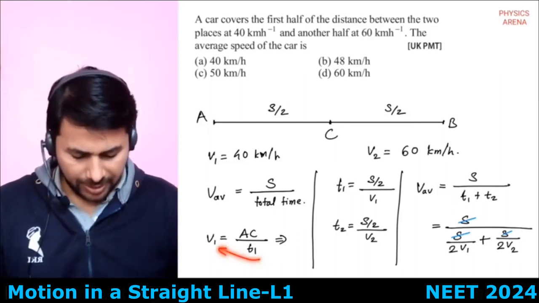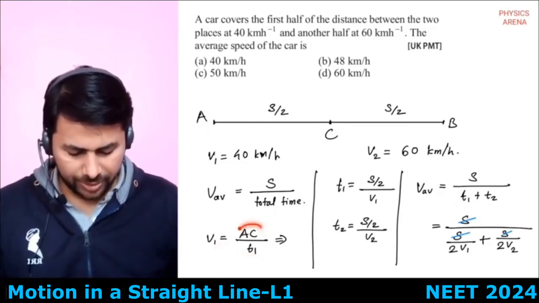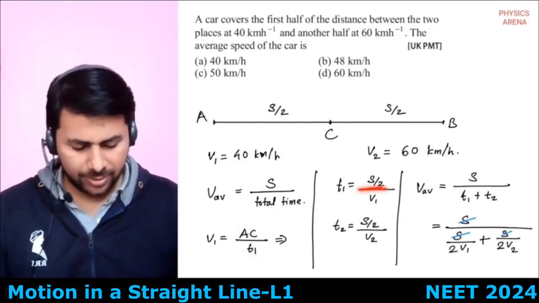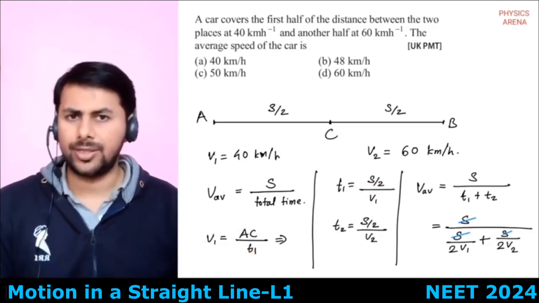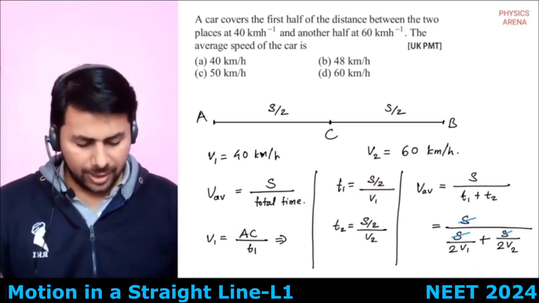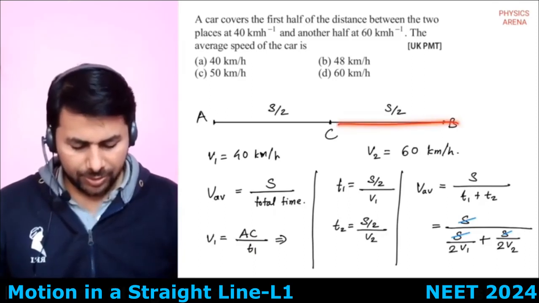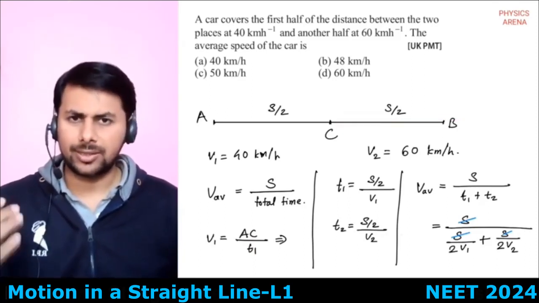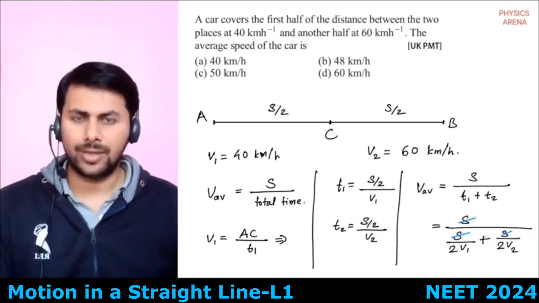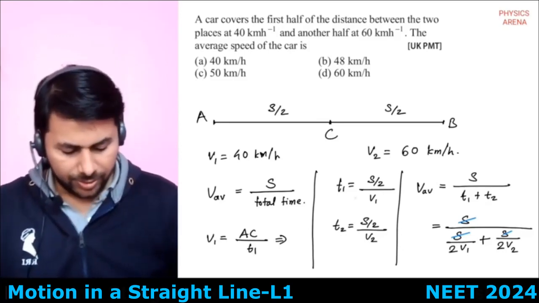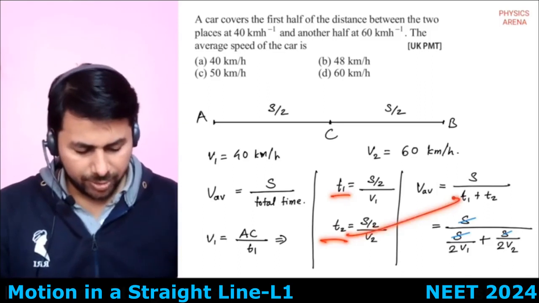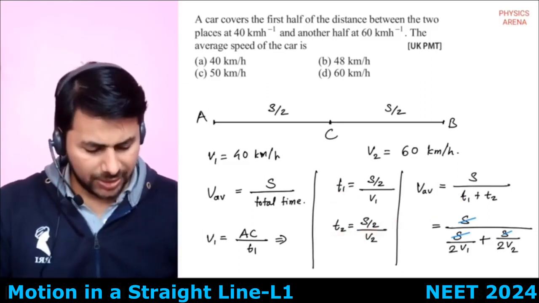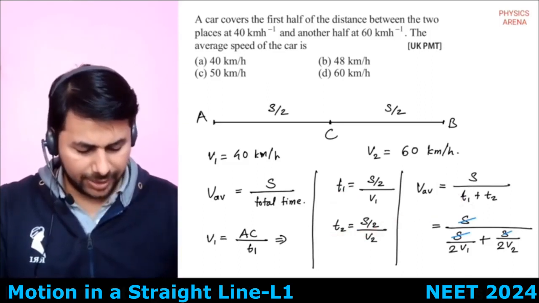So you can find out t1. t1 will be equal to s by 2 divided by v1. Similarly, t2 will be equal to s by 2 divided by v2. Distance upon speed is the time. So you got t1 and t2. Put it here and you will get t1 plus t2.